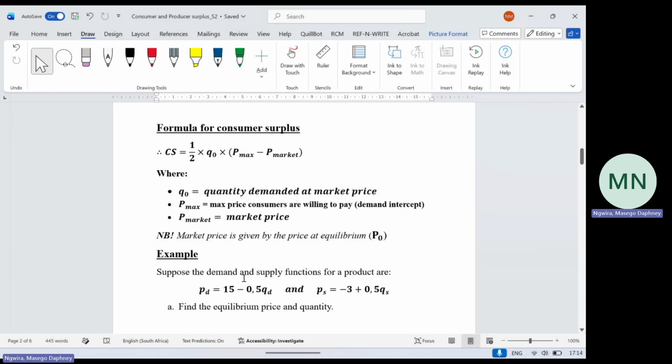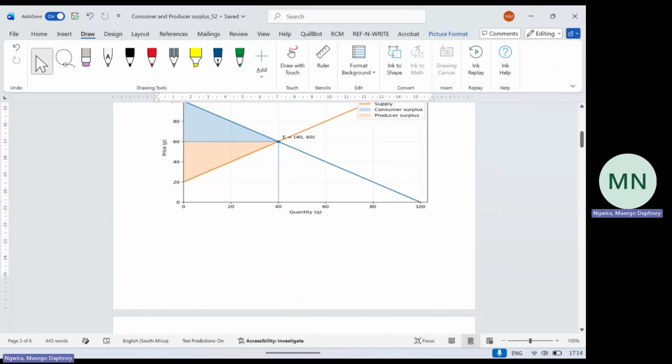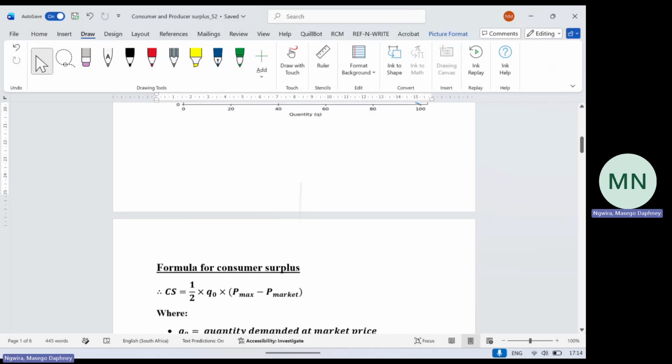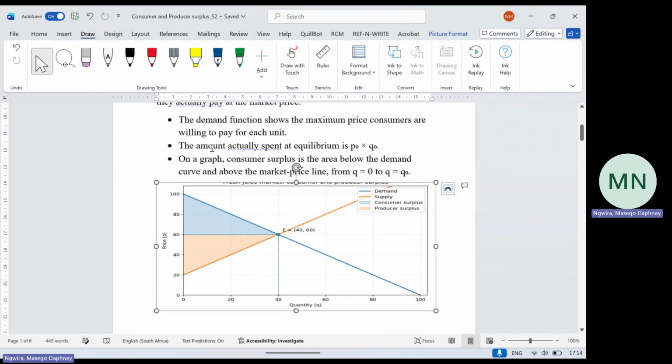So we all know the demand intercept. On the graph, the demand intercept is this part, that's the 100 there. So your P max is here, and we also set it here as the maximum price, bullet number 1.